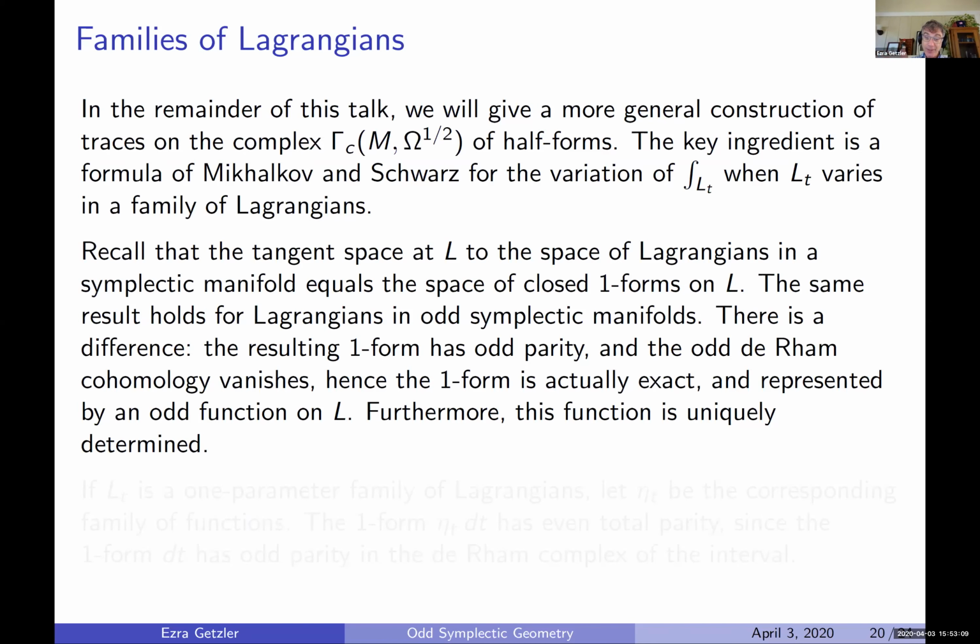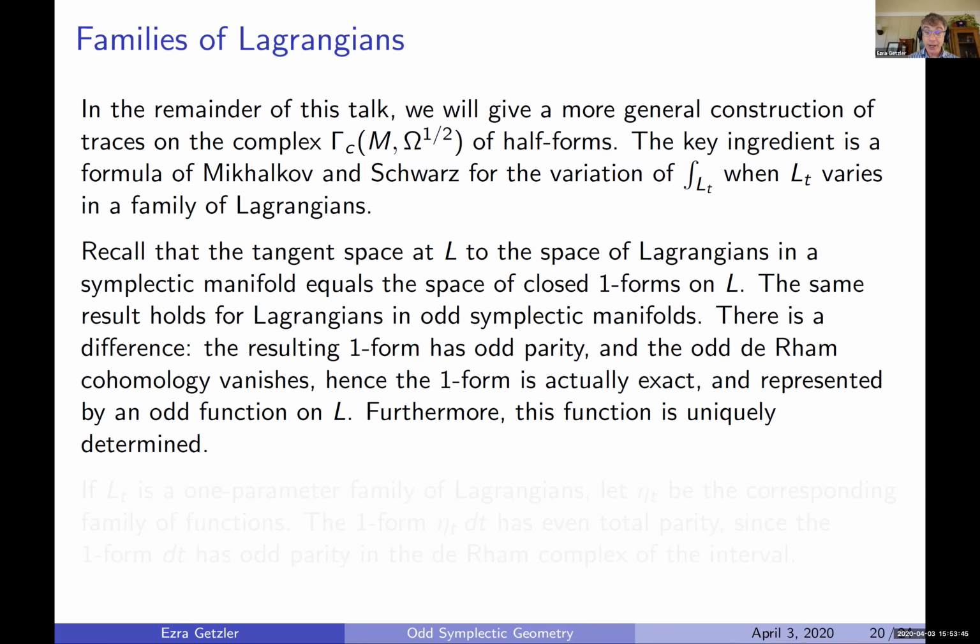Well, if you look at the parity of the situation, you'll see that that closed one form has odd parity. And therefore, well, it's closed, but the odd de Rham cohomology of a supermanifold definitely vanishes, because actually the de Rham cohomology of the supermanifold is isomorphic to the de Rham cohomology of the underlying manifold. You can retract the supermanifold to the underlying manifold. And therefore, this closed one form is actually exact.